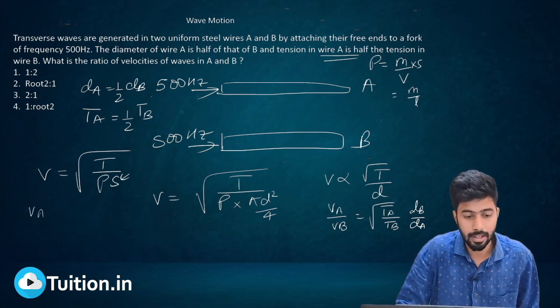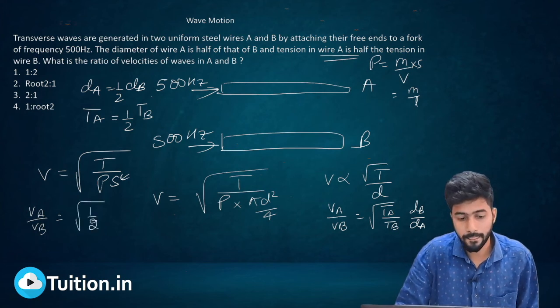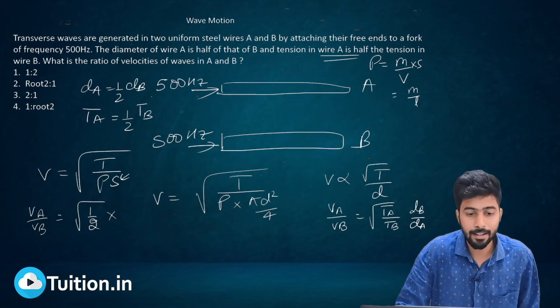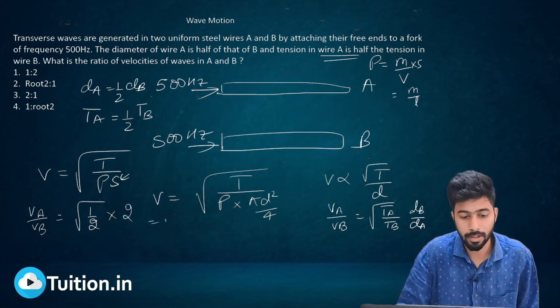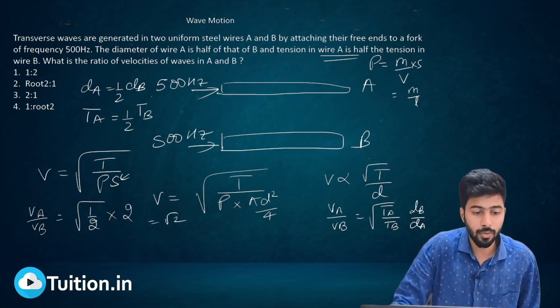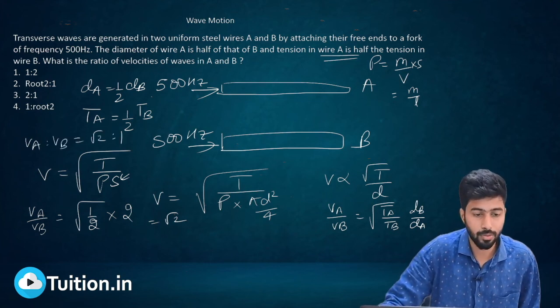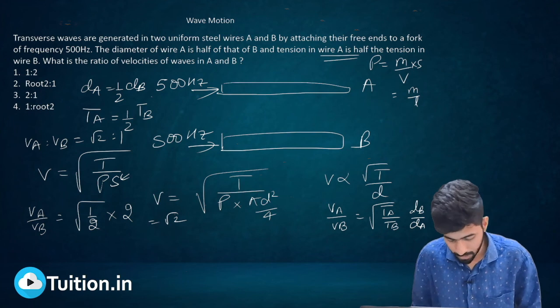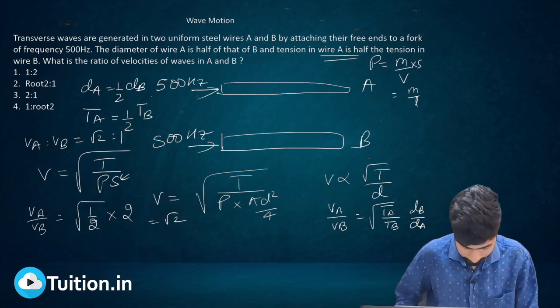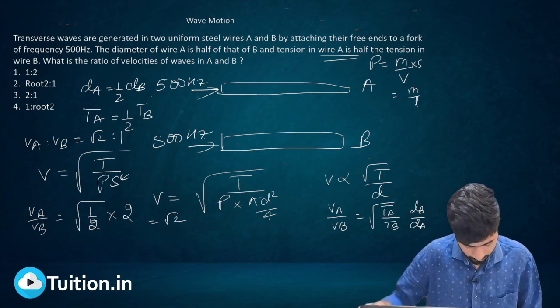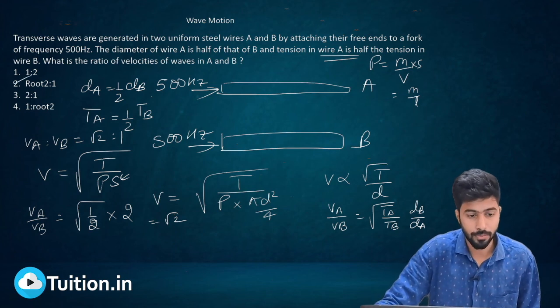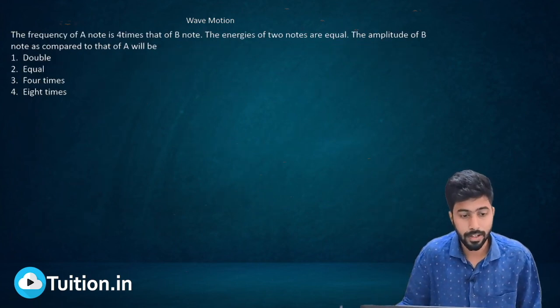So VA by VB is nothing but root TA by TB, which is under root 1 by 2, and dB by dA is 2, so it's nothing but root 2. VA is to VB is root 2 is to 1, so the answer to the question should be option 2. Let's just check that out. Yeah, it's option 2. Moving on to the final problem now.